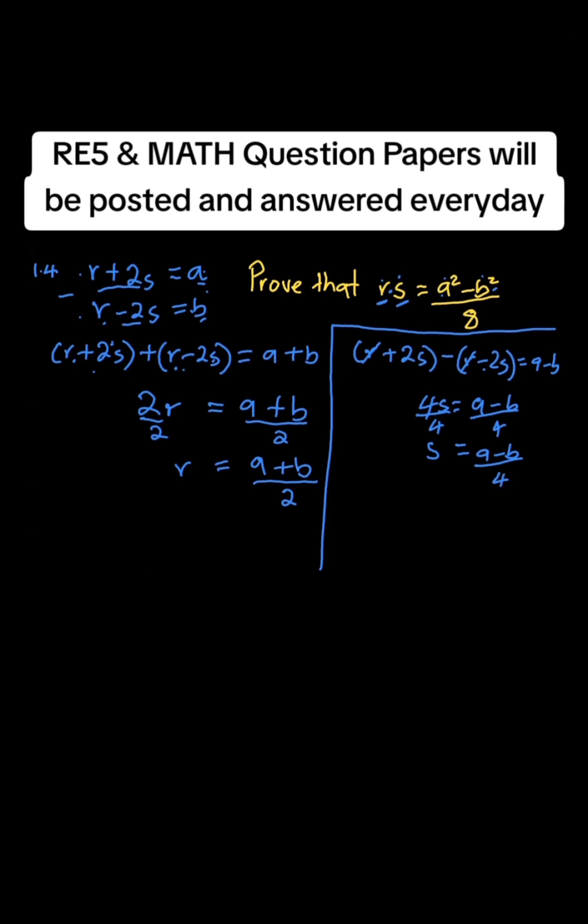Now remember we need RS to equal A squared minus B squared over 8. I'm just going to wipe this off because I always need space, so I hope you wrote this down. You can go back to the video and rewatch it again.